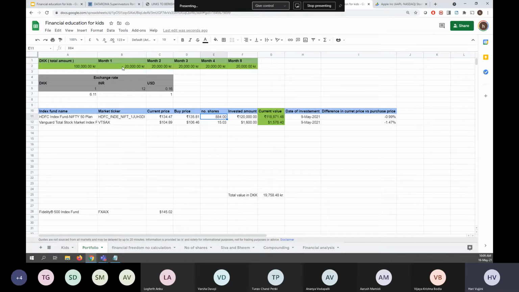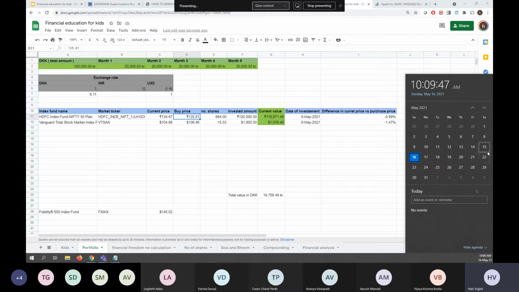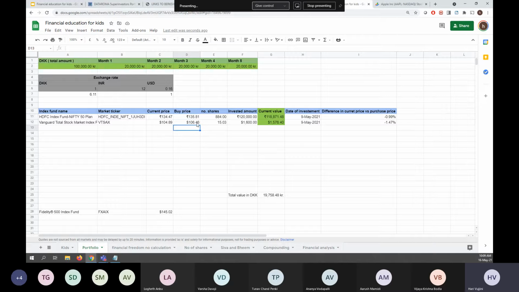And we are investing 20,000 Danish krone. I think it was on the 9th. Yeah, it takes from the 9th, or it takes from Friday, because I did it on Sunday, so it probably took Friday's price, the 7th. So then what I did here is I split this 20,000 Danish krone, 10,000 for each fund.